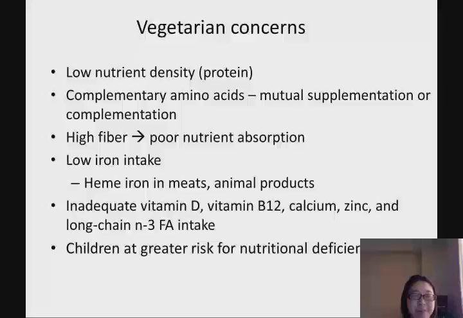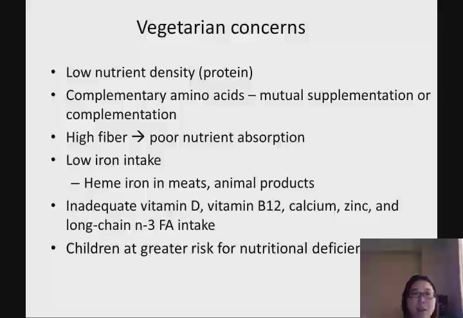Remember the definition of nutrient density: we compare their protein, vitamins, and minerals in the same amount of calories. So vegetarian foods, like fruits, nuts and seeds, legumes, and vegetables, do have lower protein content. That's why they are low nutrient density, even though they do have protein inside. But again, it's not high quality.